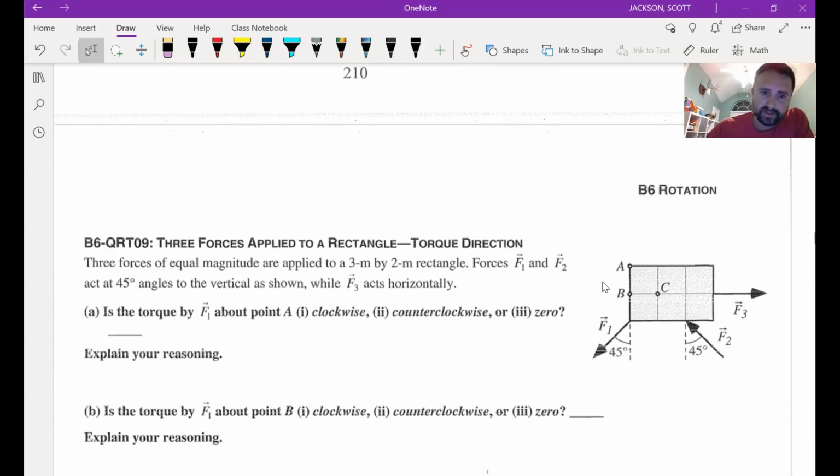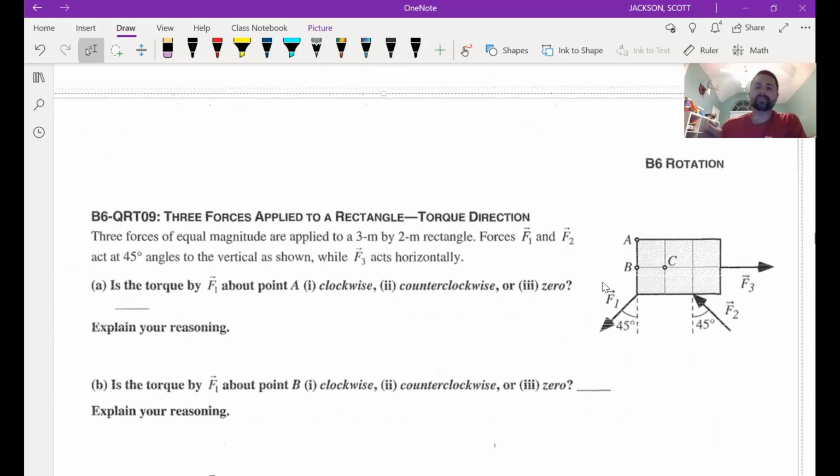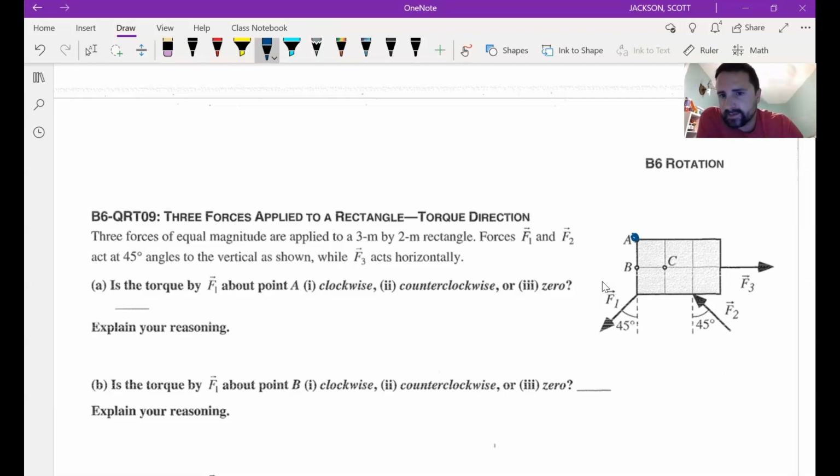We'll skip down to this one. If you wanted to look at some of these, okay, is the torque about F1 clockwise or counterclockwise? So this is when you start to get into multiple pieces. So again, it's about A. So let's think about which ones even produce a torque at A. So here, this one goes through A, so 0 torque.